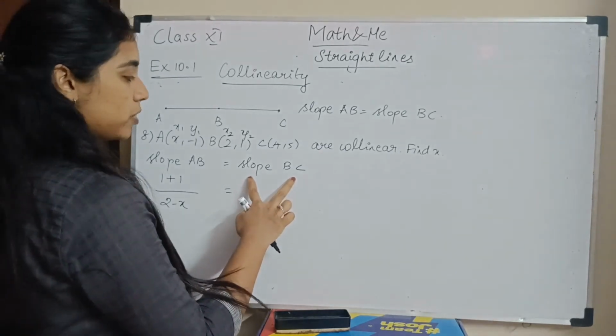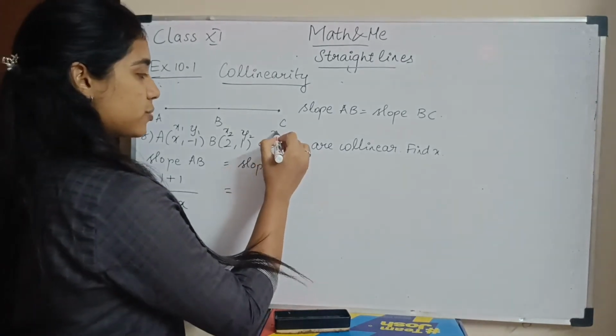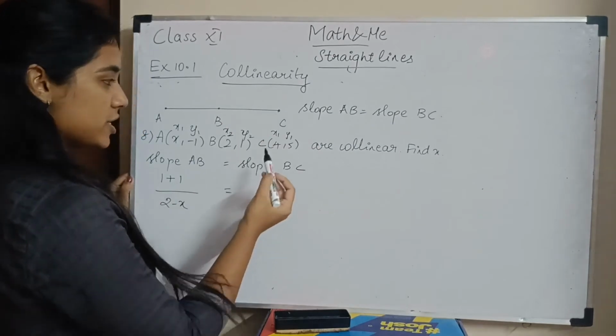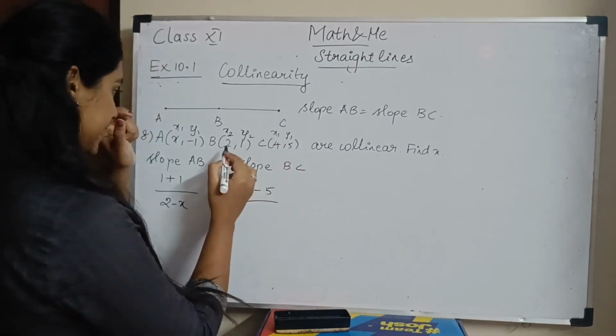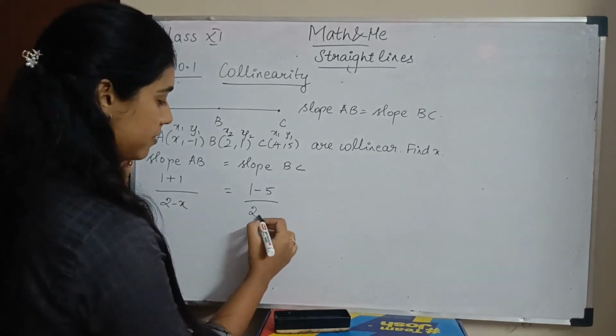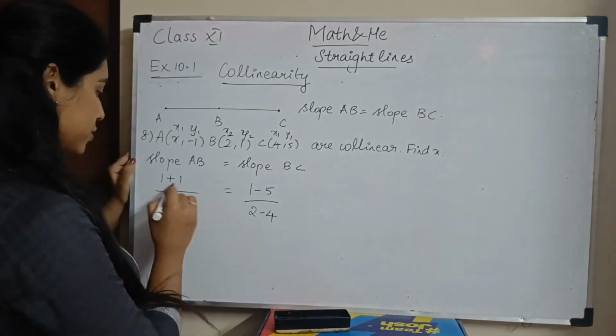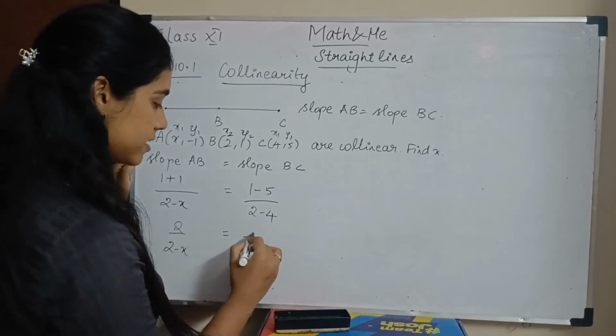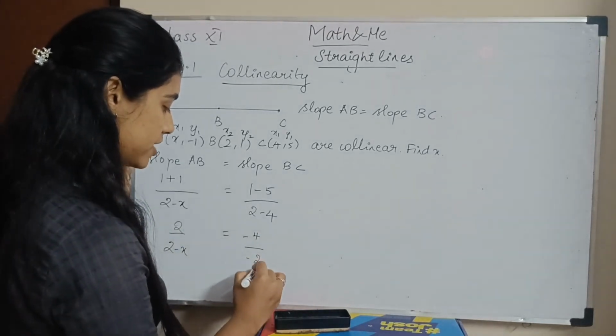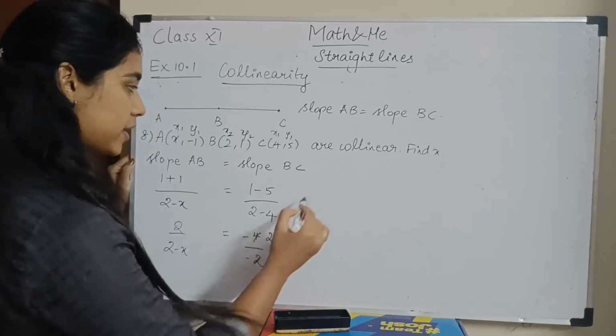Now what is slope of BC? You have this to be your x1, y1. So you have y2 minus y1 over x2 minus x1, so you have 5 minus 1 over 4 minus 2. What do you have? 2 divided by 2 minus x equals 4 divided by 2. So this gets cancelled. This becomes 2.